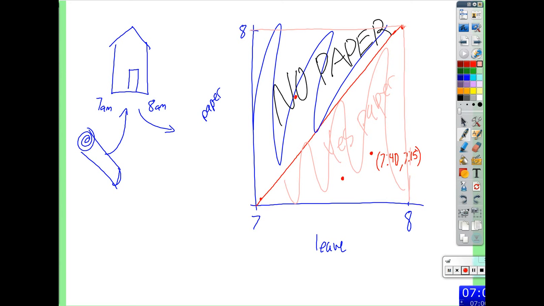We have the total area, which is all those infinite points, all the possible things that could happen: the paper arriving and you leaving, that combination of those two times. Along here we have a separating line where they happen at exactly the same time, and down here we have you getting the paper. You can see this is a diagonal line, it cuts the square exactly in half. This half is you leaving with the paper, this half is you not getting to leave with the paper, so the probability is 1/2.